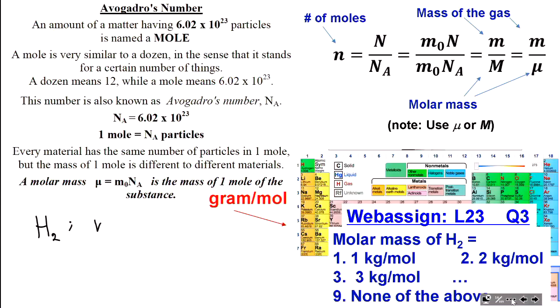And for each atom, there's mass associated with it. So we have to take that mass, multiply by 2, and the periodic table gives us the molar mass, well, 2 times 1, in grams per mole.